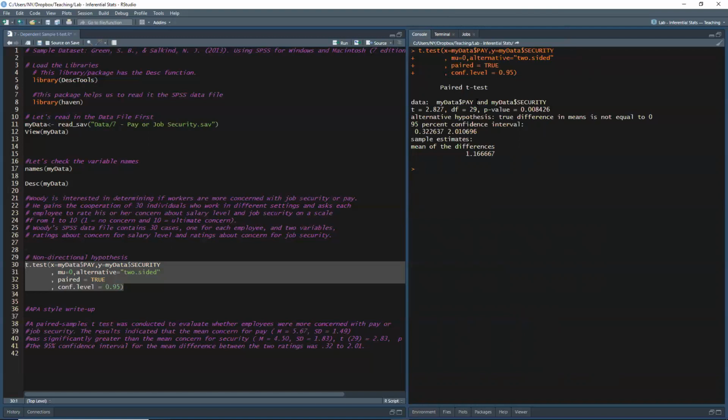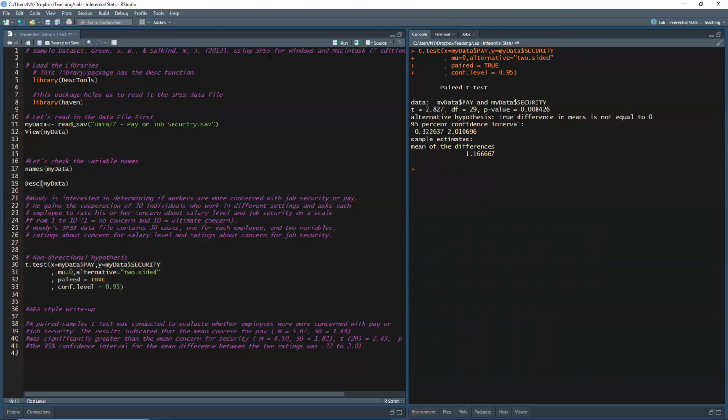Since the first variable was pay and the second variable was security, the mean of the differences tells you mean pay minus mean security is 1.167. So people have more concern about pay compared to job security.